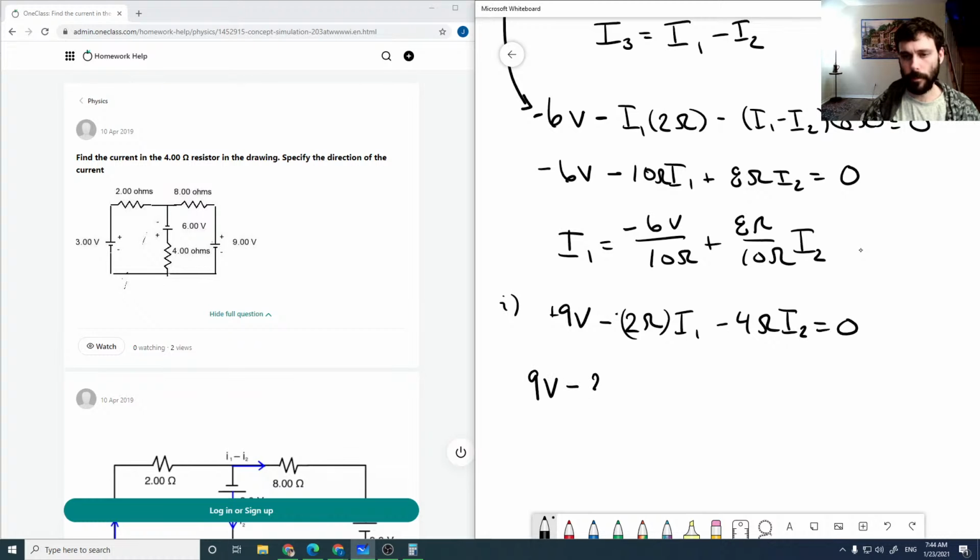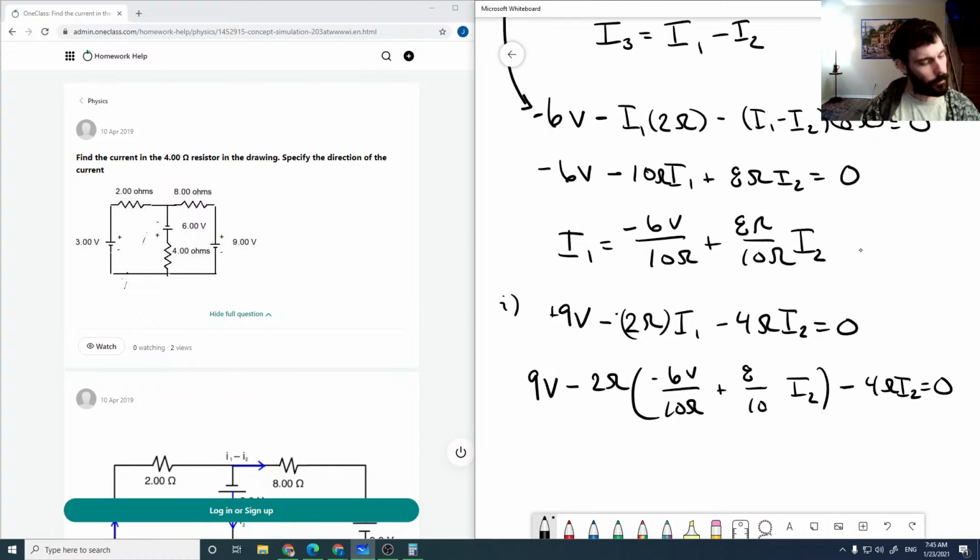So 9 volts minus 2 ohms times minus 6 volts over 10 ohms plus 8 ohms over 10 ohms. Actually, we can cancel our ohm units there. Minus 4 ohms times I2 equals 0.